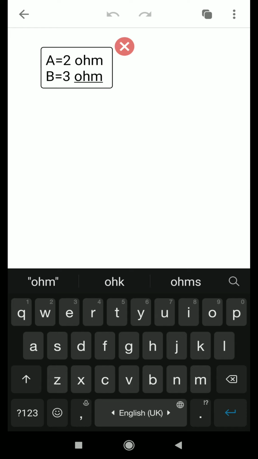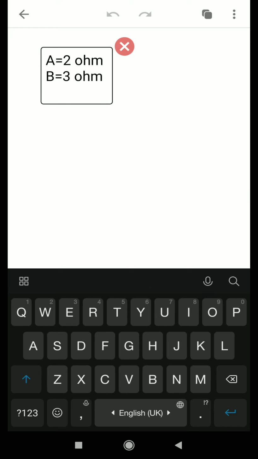Find the resistance of their parallel combination when del A is plus minus 0.2 ohm and del B is plus minus 0.3 ohm.